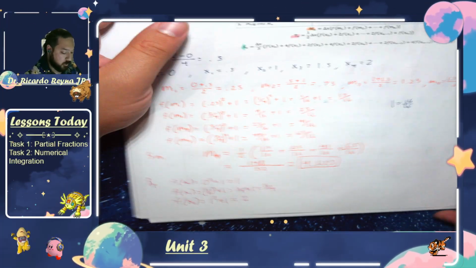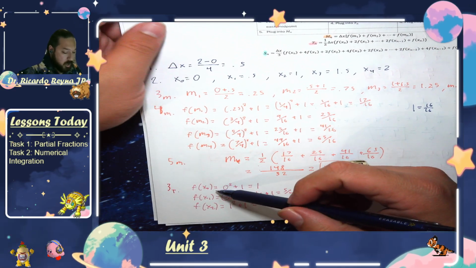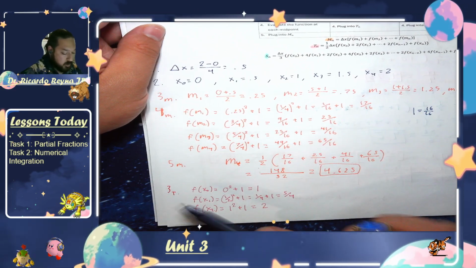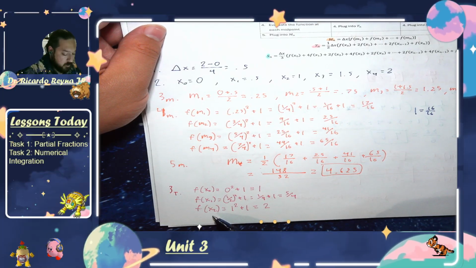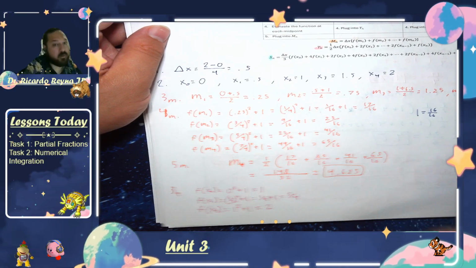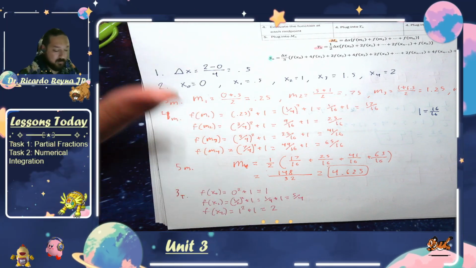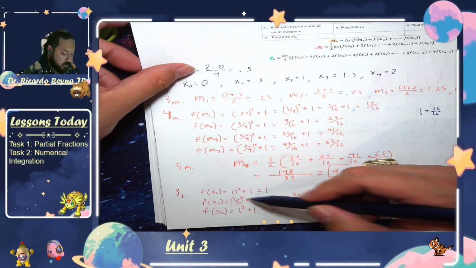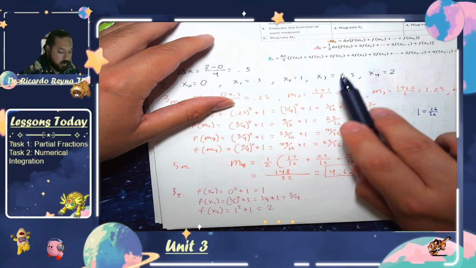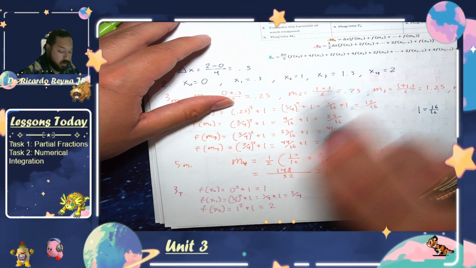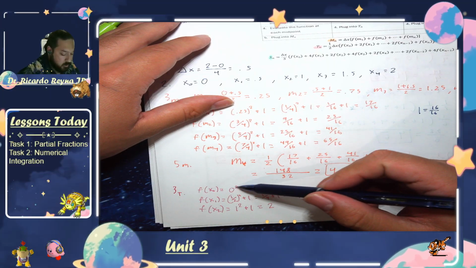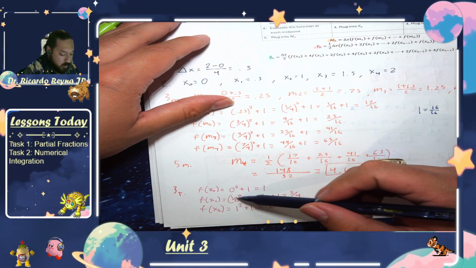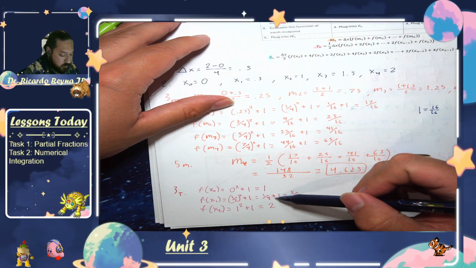Then for the trapezoidal rule, we just plug all of these into the function. So 0, 1/2, or 0.5, but then I also was like, well, 1/2 is easier to square than 0.5. So it's just 1/2 squared, and same thing with this guy, the 3 over 2 squared. So 0 squared plus 1, that's 1. 1/2 squared plus 1, that's 1 over 4 plus 1.